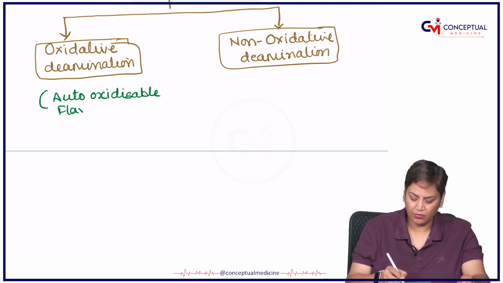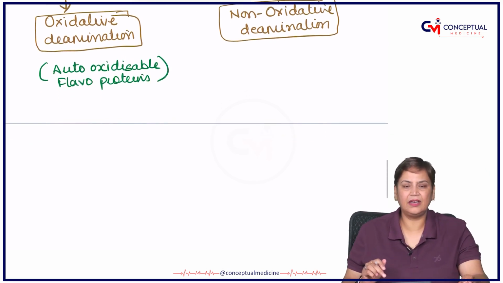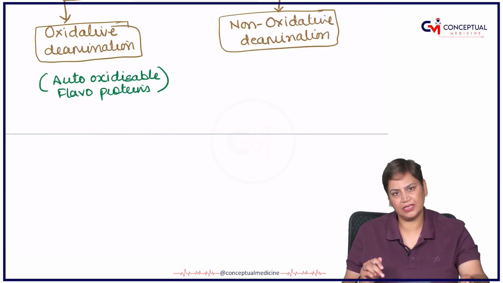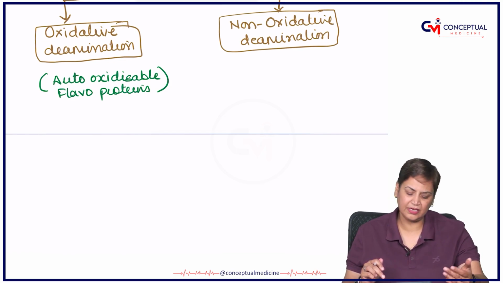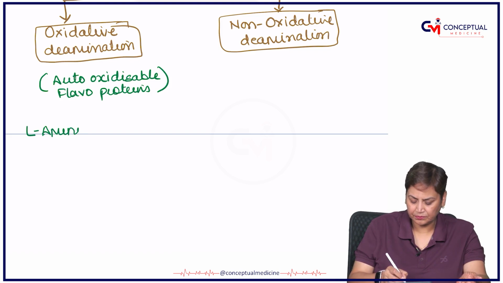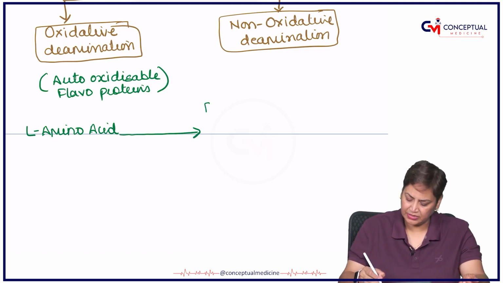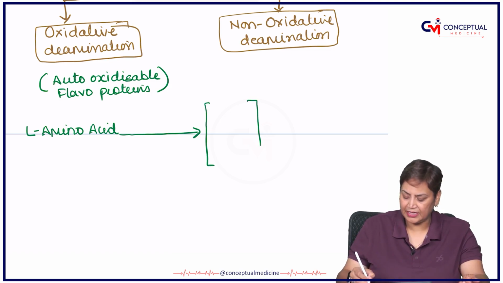And the enzyme here is L-amino acid oxidase, because we have already discussed in the chemistry that amino acids are present in D form and L form, depending upon the position of the NH2 group. So this L-amino acid will first of all undergo oxidation, forming an intermediate.